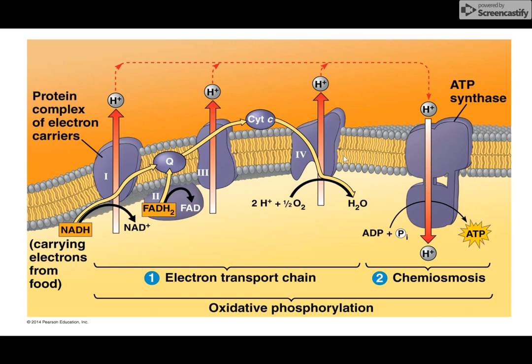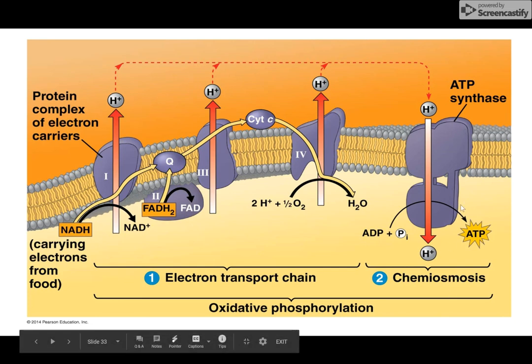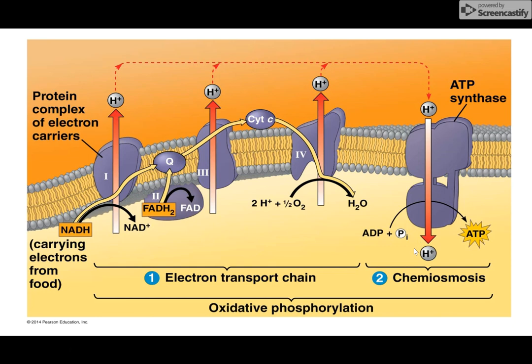It's a series of proteins that are exchanging electrons, forcing out ions to power ATP synthase. Those ions will flow back through ATP synthase and make a whole bunch of ATP.